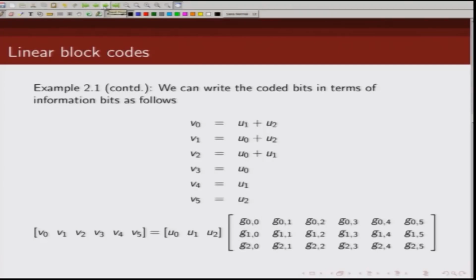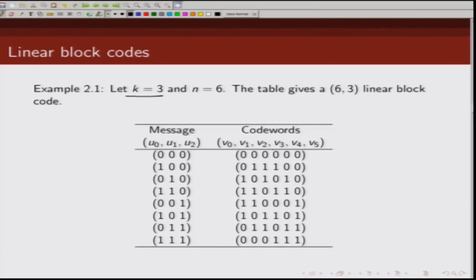Similarly, we notice that V3, V4, V5 are nothing but information bits U0, U1 and U2 respectively. So, let us go back. V3 is this column and we can see this is the same as U0: 0, 1, 0, 1, 0, 1, 0, 1. Similarly, V4 is equal to U1 and V5 is the same as U2.